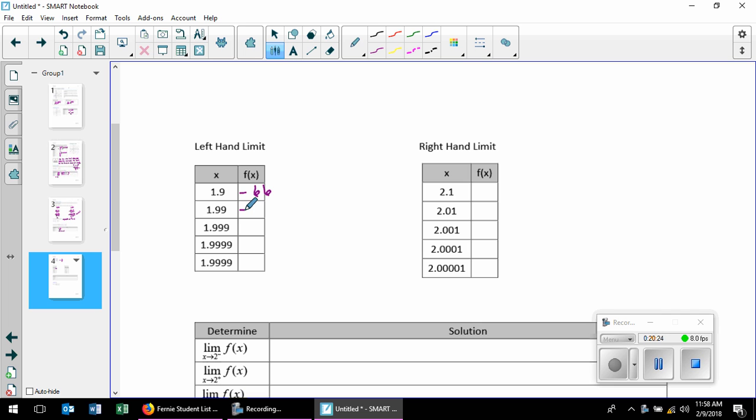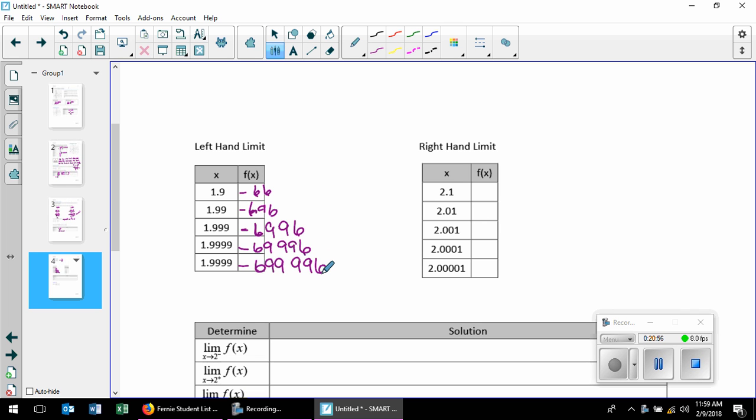This one's negative 696. This one is a negative 6,996. This one is a negative 69,996. Do you notice the pattern?